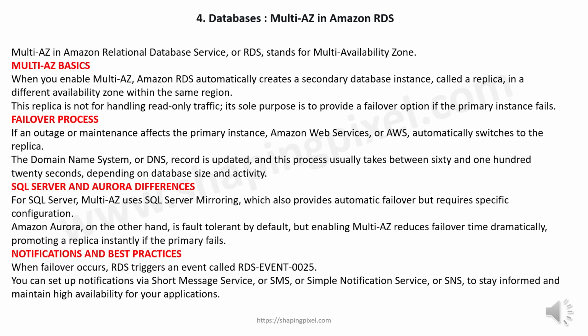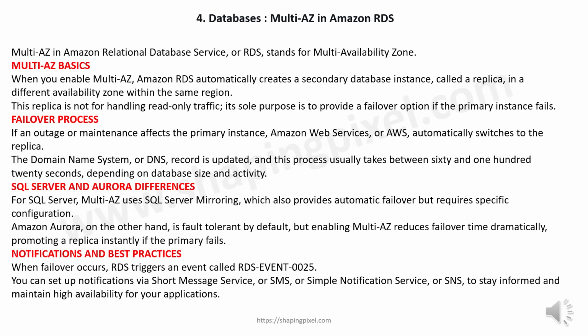For SQL Server, Multi-AZ uses SQL Server mirroring, which also provides automatic failover, but requires specific configuration. Amazon Aurora, on the other hand, is fault-tolerant by default, but enabling Multi-AZ reduces failover time dramatically, promoting a replica instantly if the primary fails.